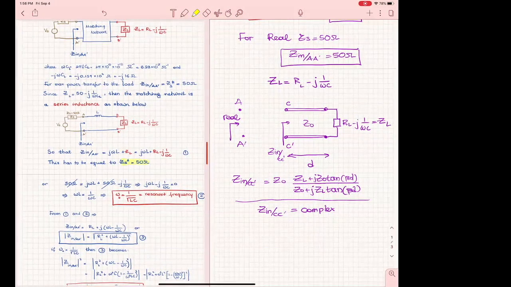If I have to make the impedance Z in at A prime change from complex, as it was at C prime, to real, then the only way I can do it is if I add something that can only affect its imaginary part.